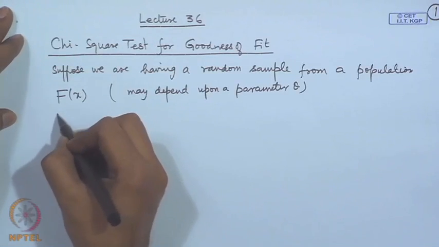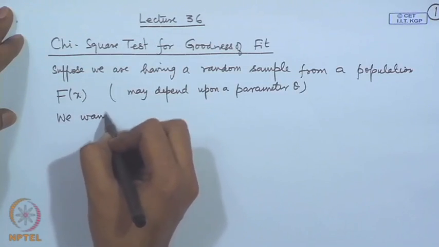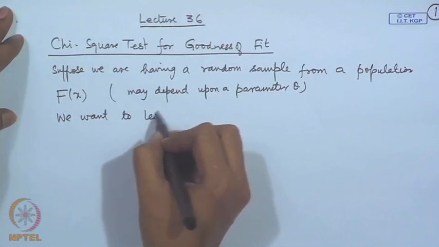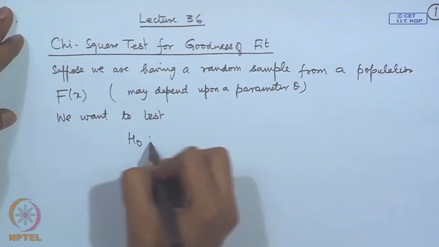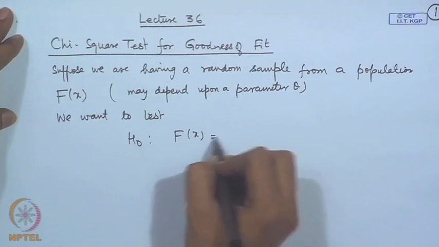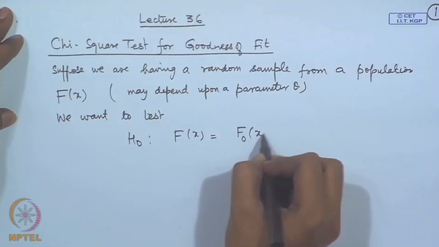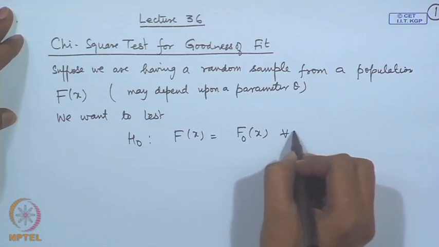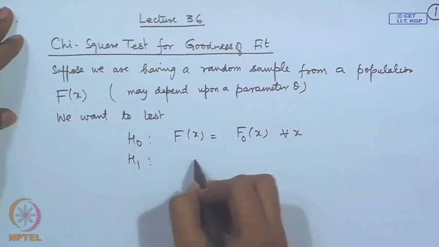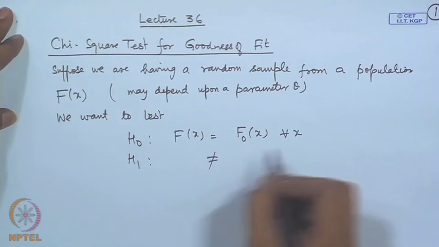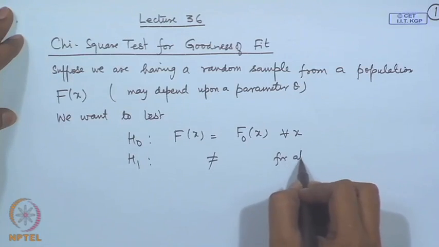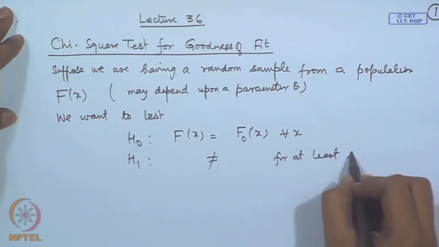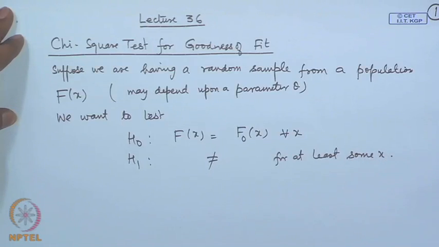Now, we want to test the hypothesis, say f(x) is equal to some known distribution f naught(x) for all x, against not equal. So, that means, for at least some x.